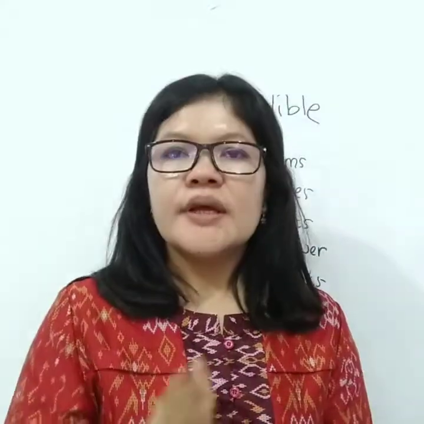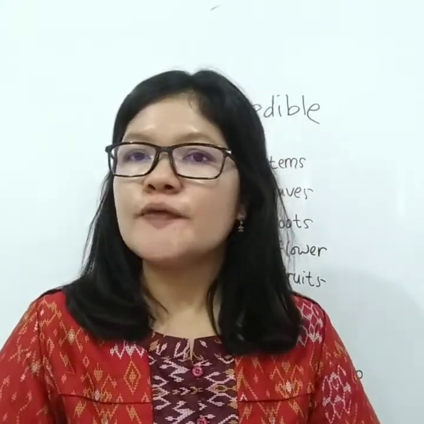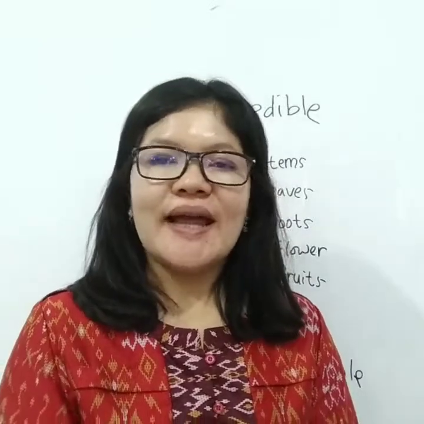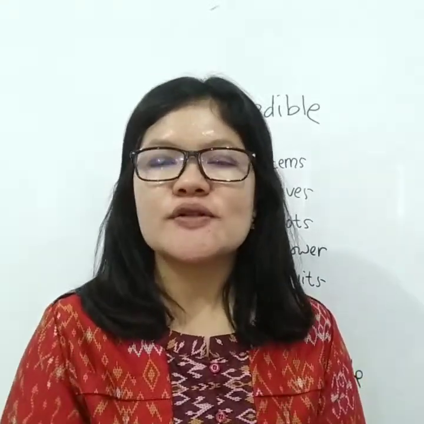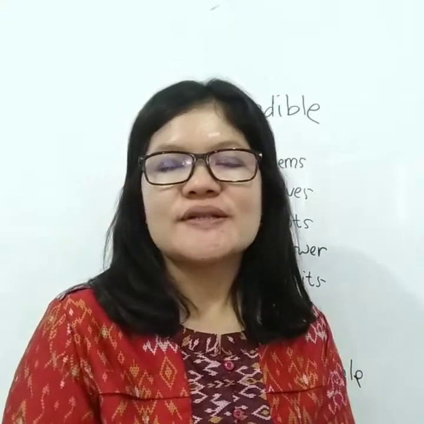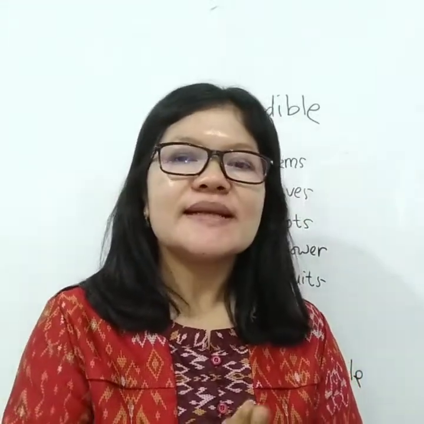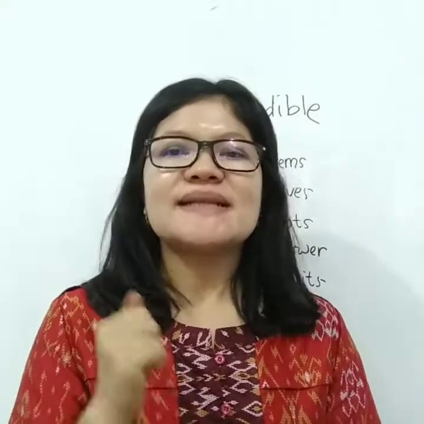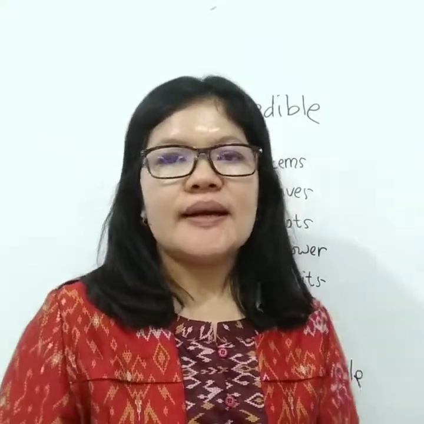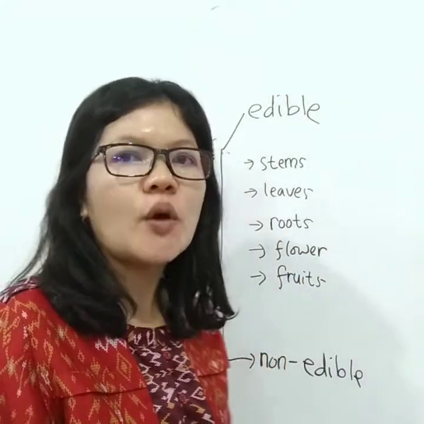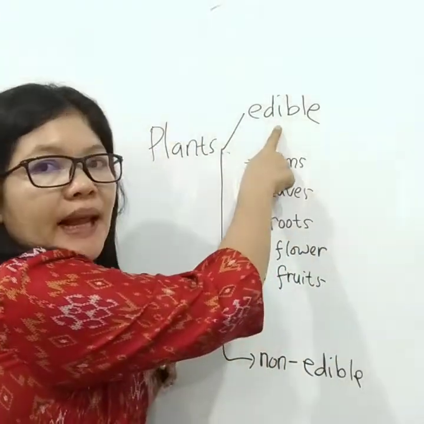Humans and other animals often use plants as food, and trees as well, because trees also produce fruits. Sometimes we can eat the plants, but sometimes we cannot. The plants that we can eat are called edible plants.